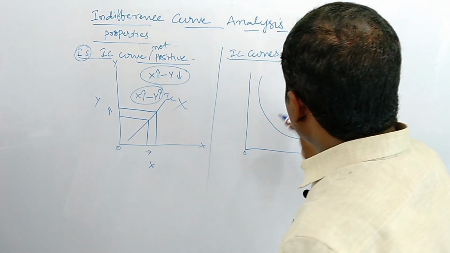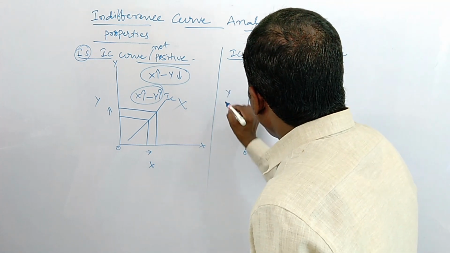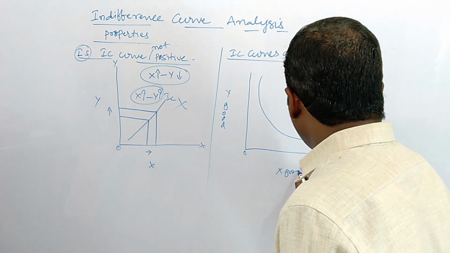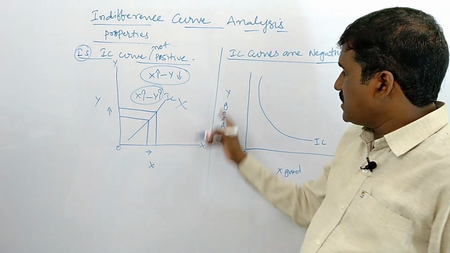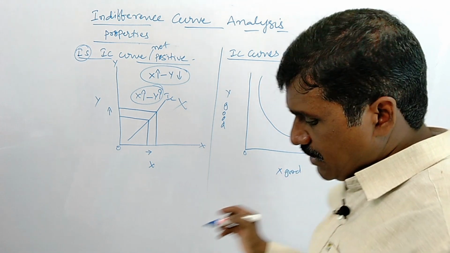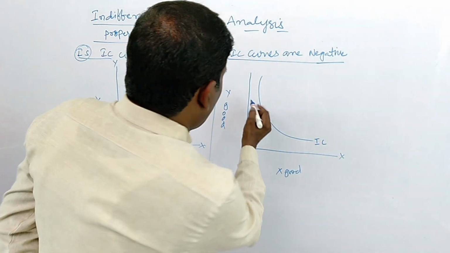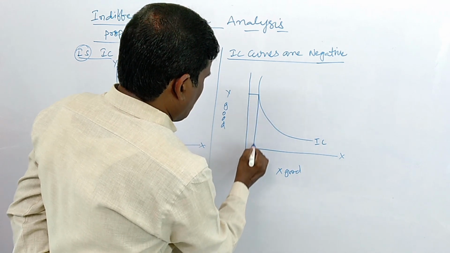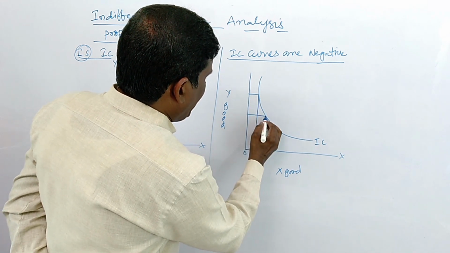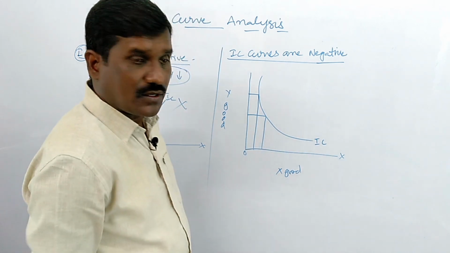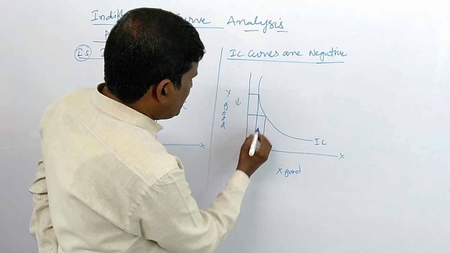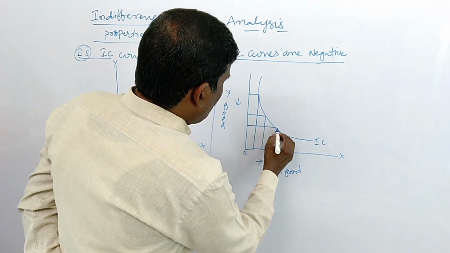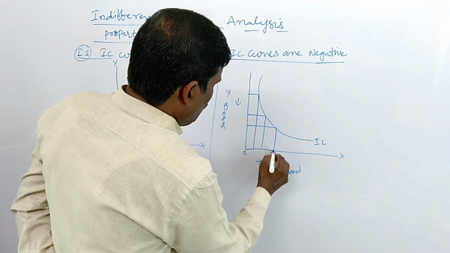This is Y good and this is X good. See, here what happened? Y good decreases and X good increases. Here also Y good decreases and X good increases.